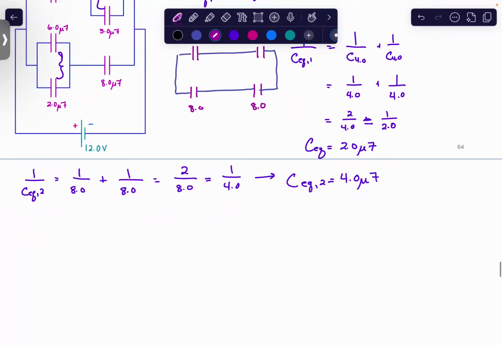Well, we've combined the series on the top and the bottom into this. So that's going to be 4.0. Now I need to combine the last parallel.